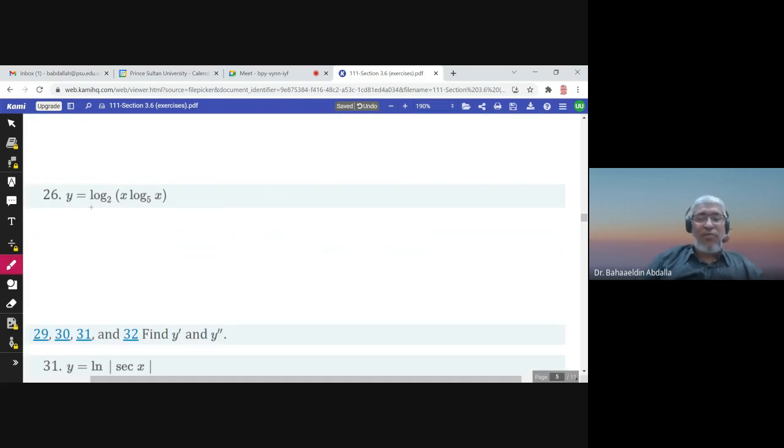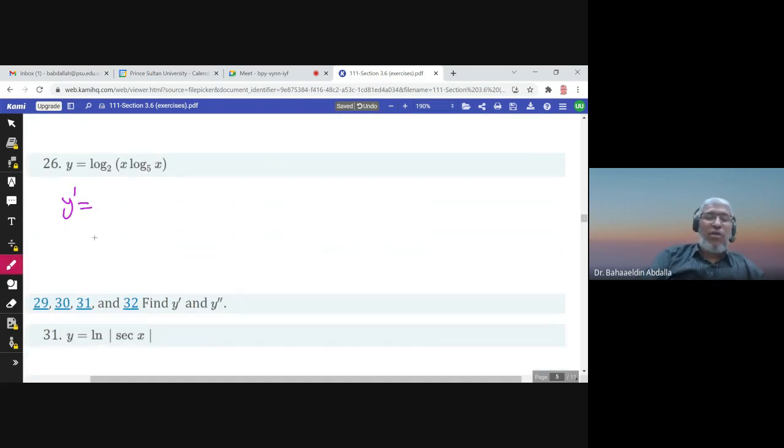Well, here we have composition. So we find the derivative of the outer function, 1 over x log x to the base 5 times ln 2, over the derivative of the inner function, which is a product. The derivative of x is 1 plus x times derivative of log x to the base 5, which is 1 over x ln 5.